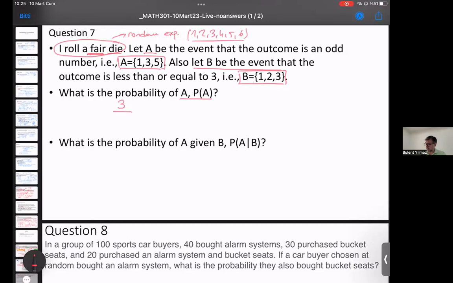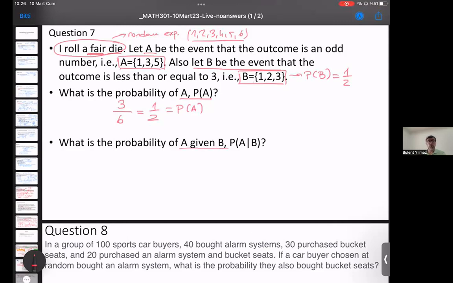Totally, I have 6 elements. So the probability of A will be 1/2. Is that clear? Also, the probability of B is 1/2, right, guys? So what's the probability of A given B?